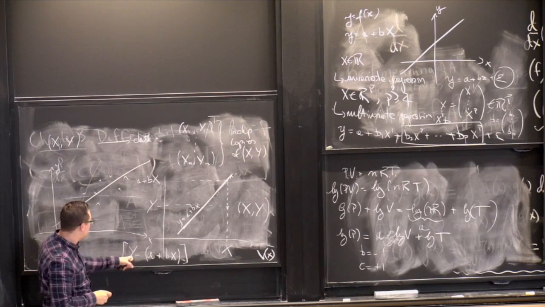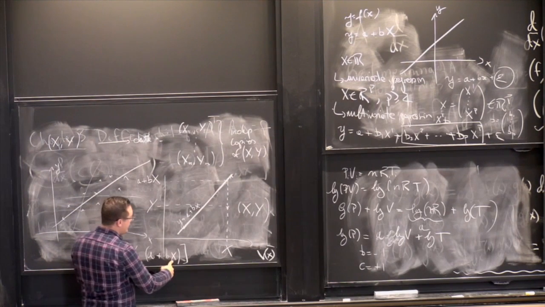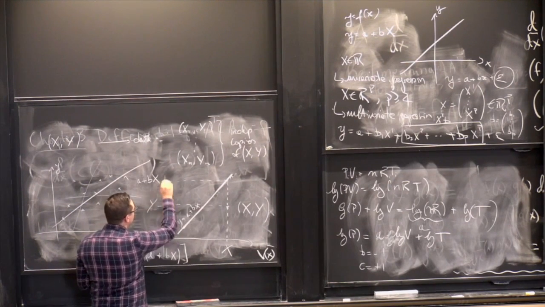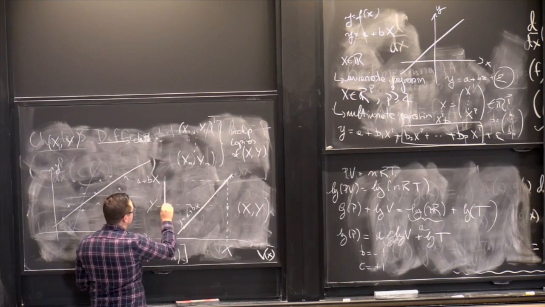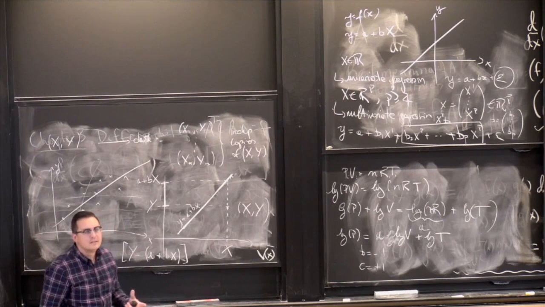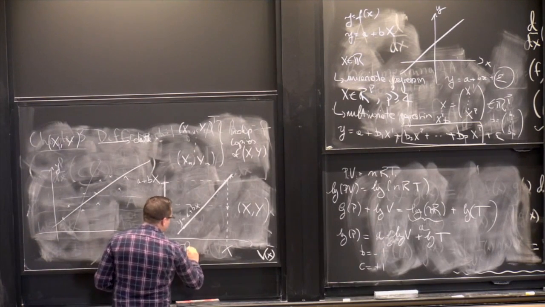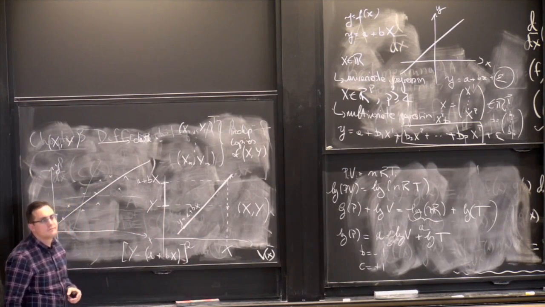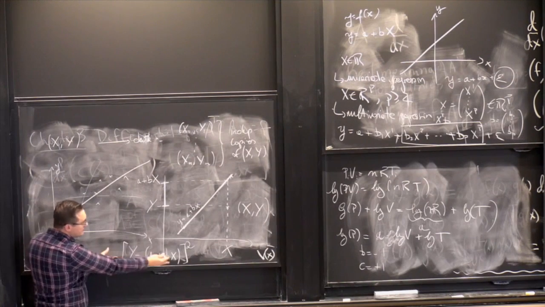So what I'm really measuring is the difference between y and a plus bx, which is this distance here. And since I like things like Pythagoras' theorem, I'm actually going to put a square here before I take the expectation. Okay? So now this is a random variable.